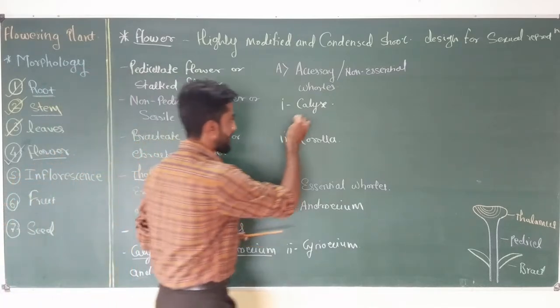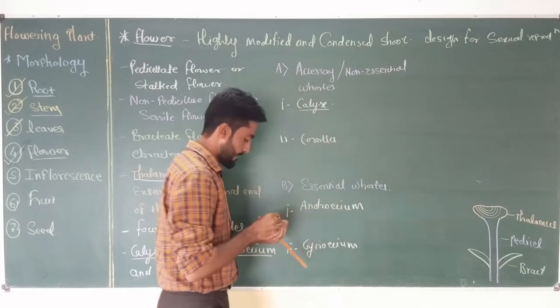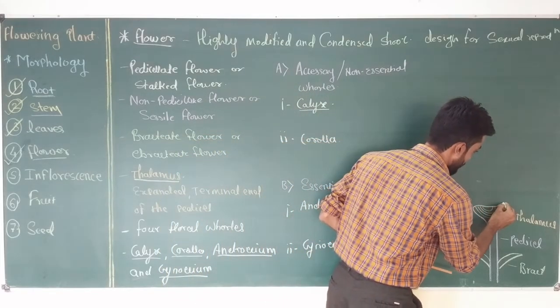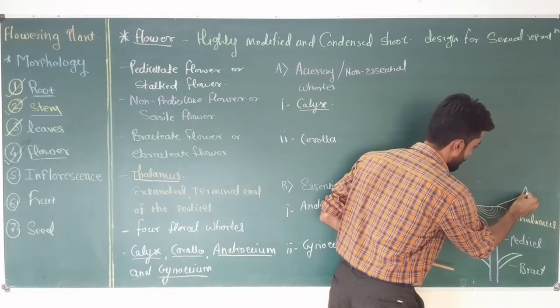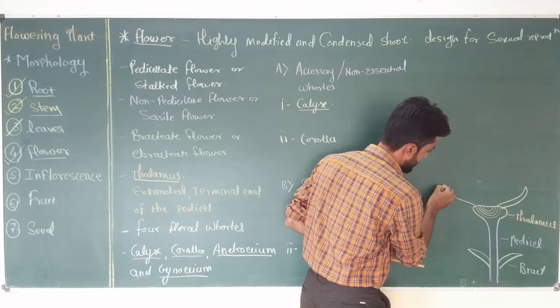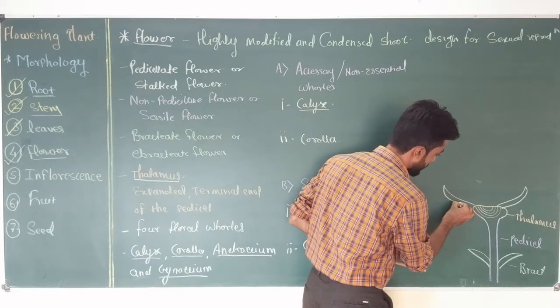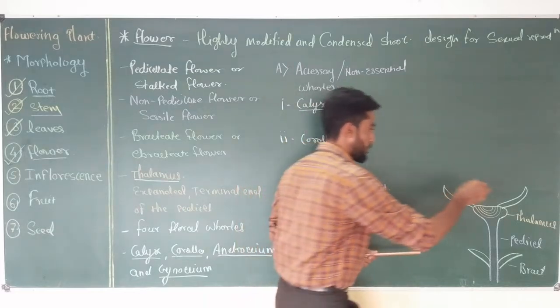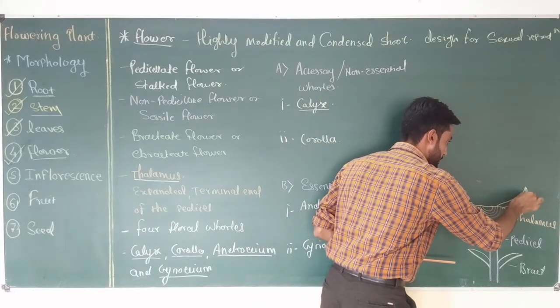First, the calyx is the green structure which is the outermost part of the flower, and this green structure arises from the node of the thalamus. So you can give it green color.